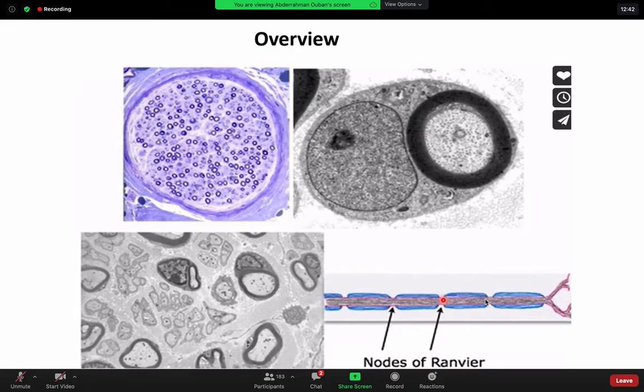The reason why it is important is that the electrical impulse jumps from one node, what you call the node of Ranvier, I'm sure you have heard that before, to the second node, rather than moving along the axon itself. By jumping, this saltatory kind of conduction is going to be faster.